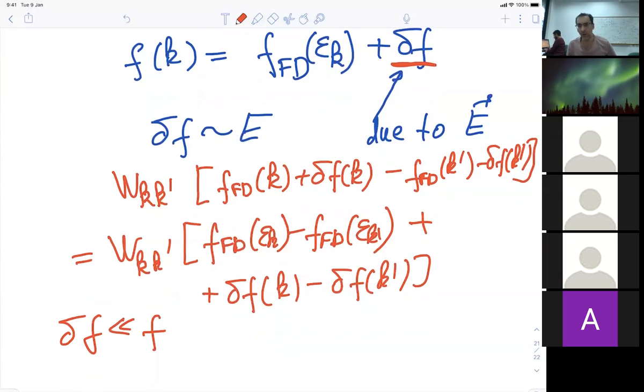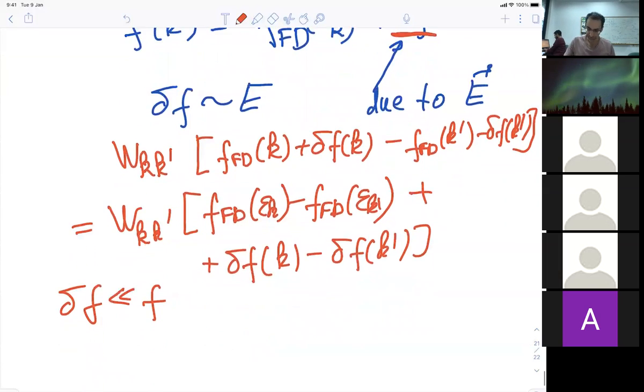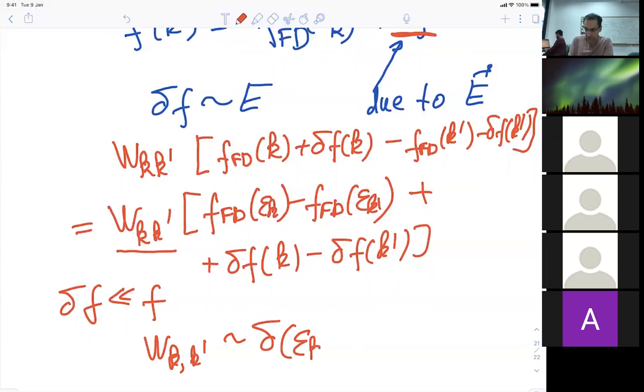Now note what happens here. W k k prime is a transition probability between states k and k prime. And as we saw before, W k k prime is proportional to the delta function of epsilon k minus epsilon k prime. So in words, it means that the energy is conserved in the process of elastic collision.